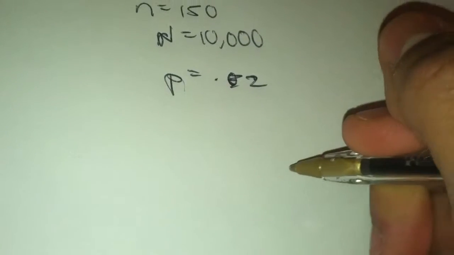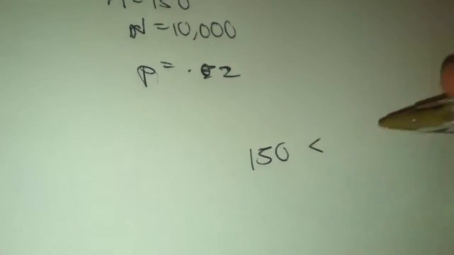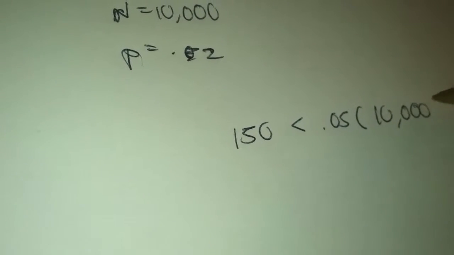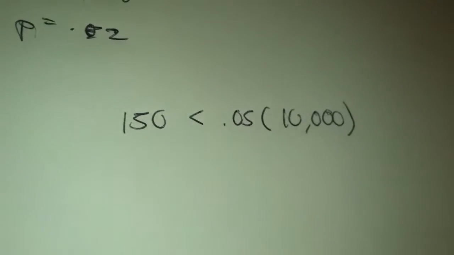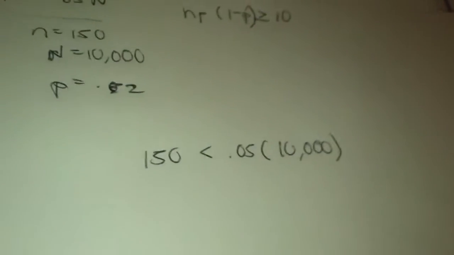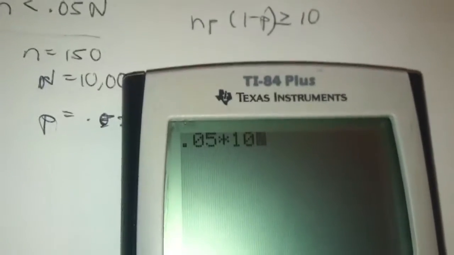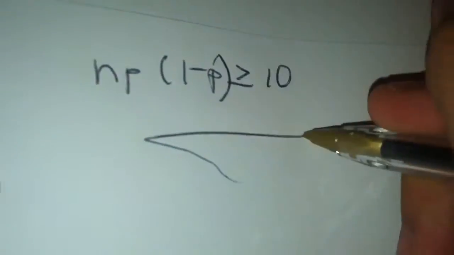So n is 150, it's greater than 0.05 times N. Now we're going to use a calculator to multiply 0.05 times 10,000. So this is true.